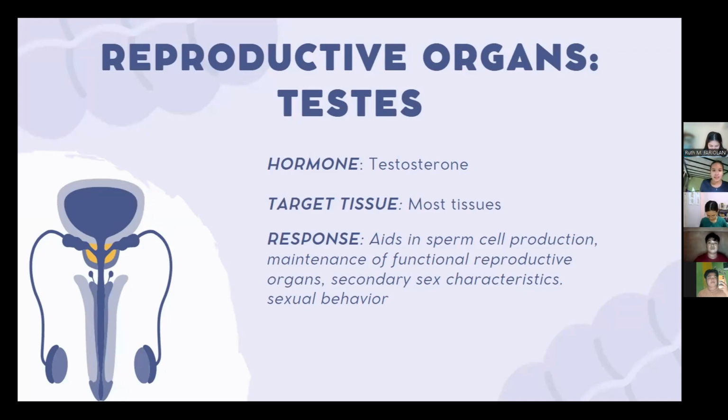So for the testes, we have the hormone testosterone and its target tissue, which is the most tissues, and its response, it aids in sperm cell production, maintenance of functional reproductive organs, secondary sex characteristics, and sexual behavior.